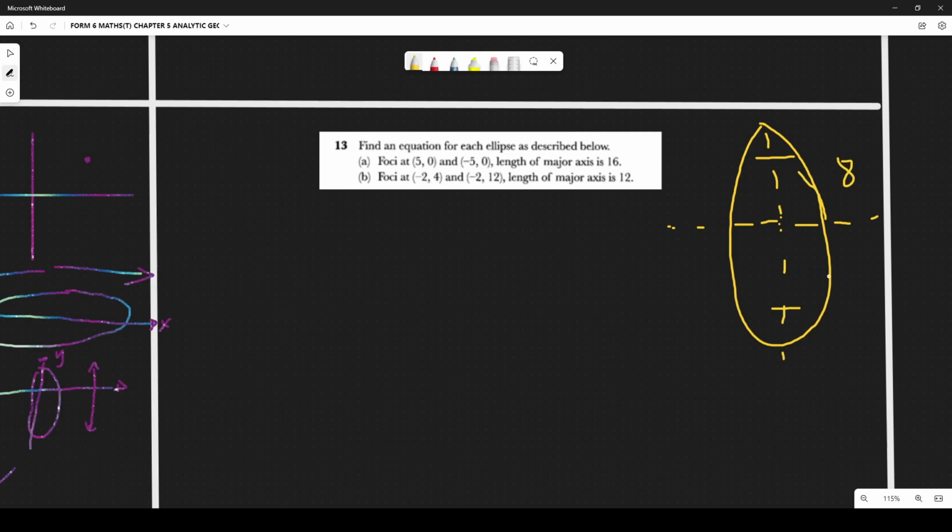So since I know this is 8 and this is 5, you can just use the formula f squared equals a squared minus b squared, or k squared, doesn't matter whatever letter you like to use, as long as a is larger than b. Since I know this is 8, you can just use 8 honestly, since they already gave 8.